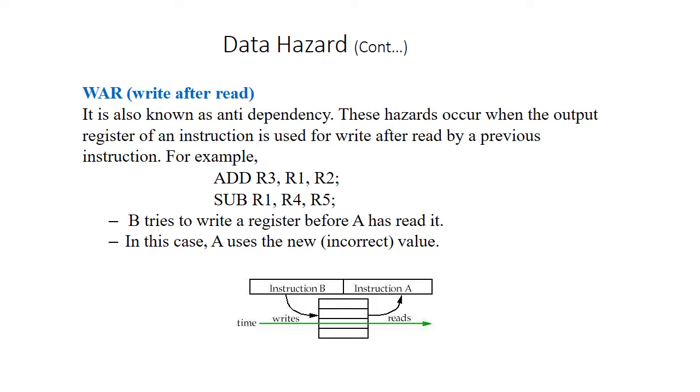The read happens in the first instruction and then the write in the second instruction. If you follow the figure, here B tries to write a register before A has read it. So if B writes before instruction A reads, then A uses the new value, so that will be an incorrect value.